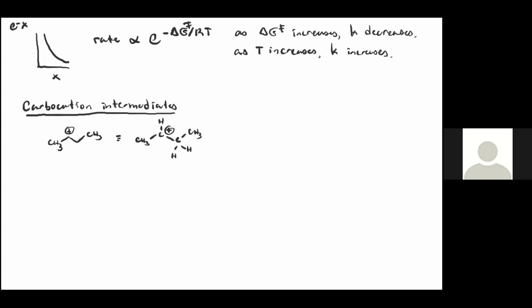And so then we want to think about the geometry of this carbon. It has three things attached. And so according to the VSEPR model, it's going to be trigonal planar. The bond angles between the substituents are going to be close to 120 degrees. And so if I draw this with perspective, it looks something like this.